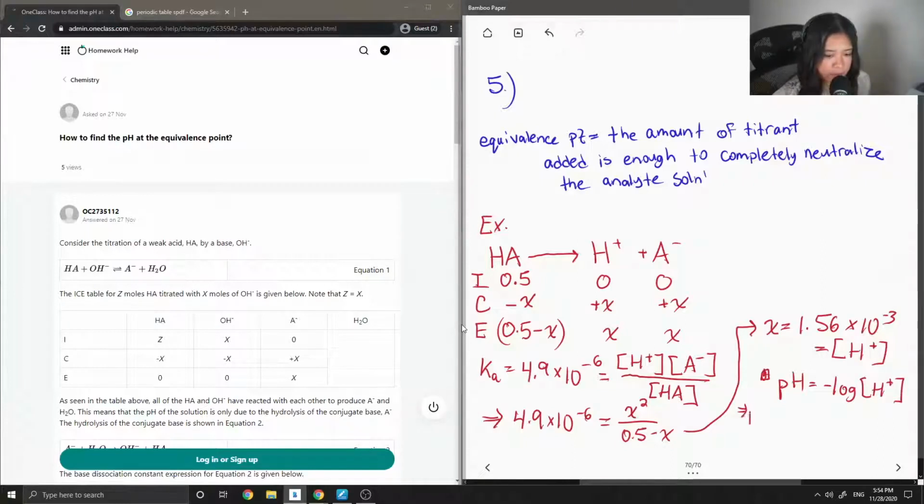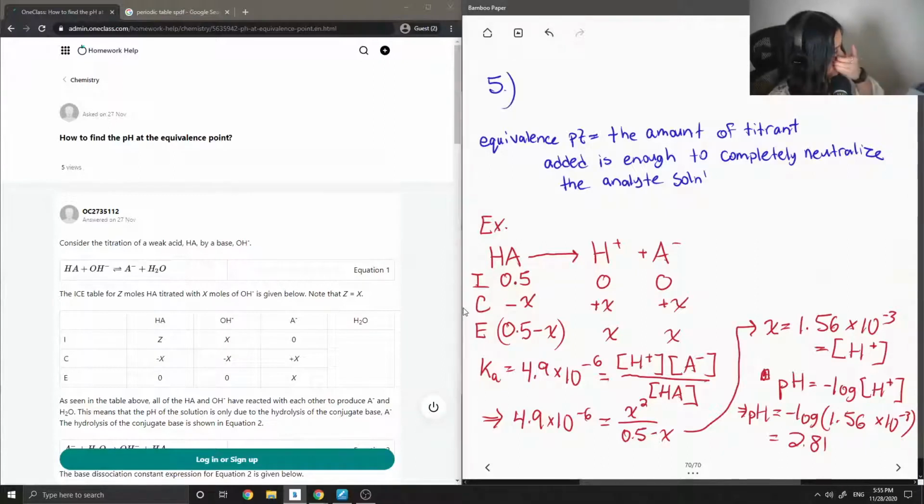So for this example in particular, pH will be equal to negative log of 1.56 times 10 to the negative 3, which is equal to 2.81. Okay, so that's one way of doing it when you have a strong acid.